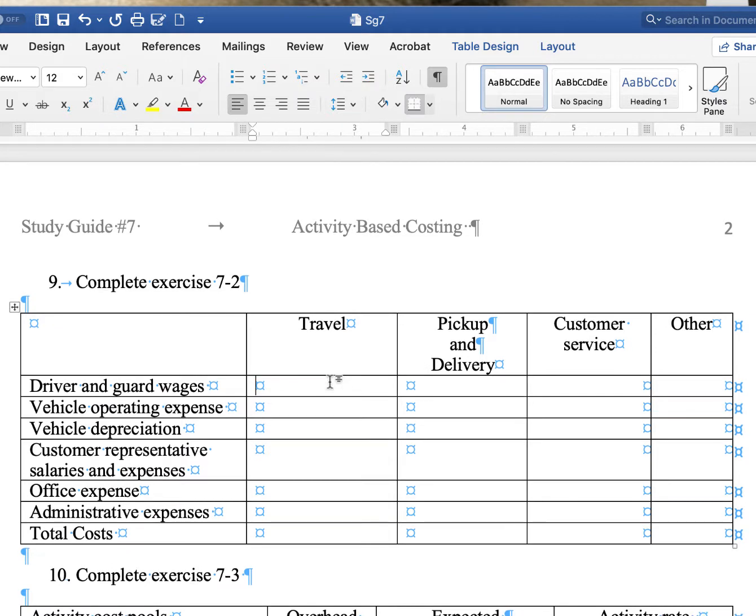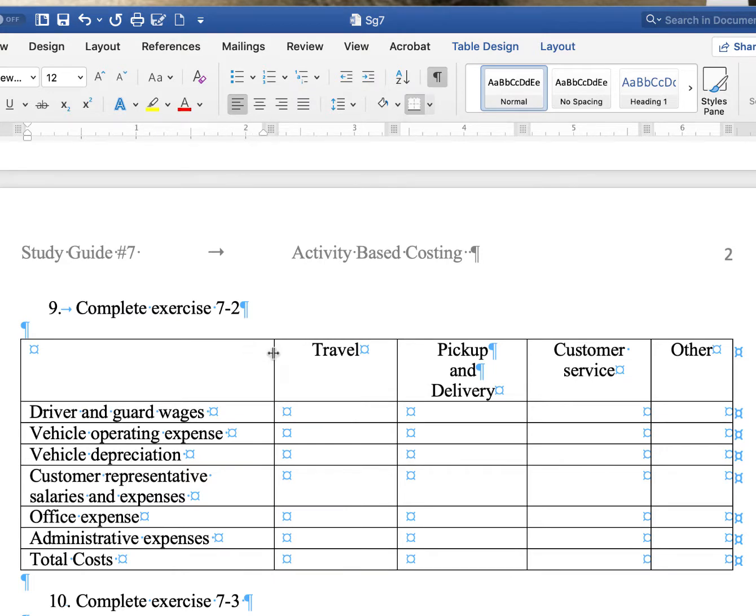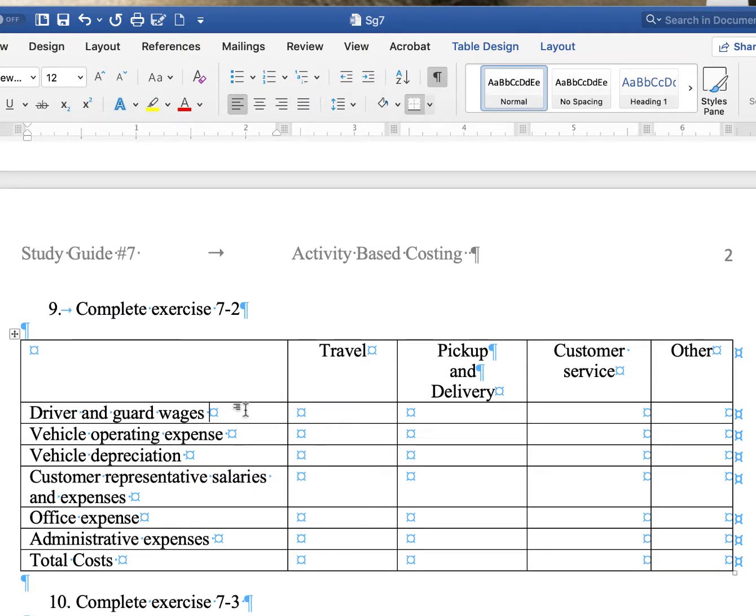Okay, so here we go. For travel, we know that the total cost of driver and guard wages is $720,000. 50% of this cost is consumed by travel. So basically, all we have to do is take $720,000 times 50%.